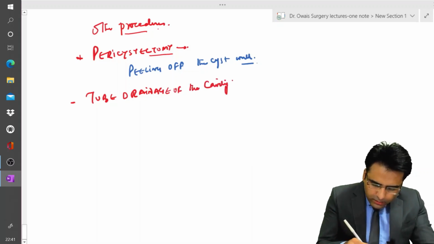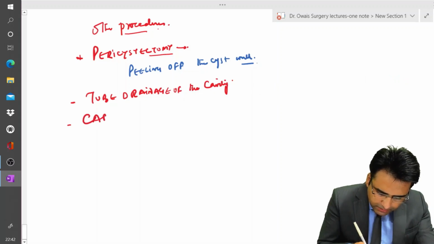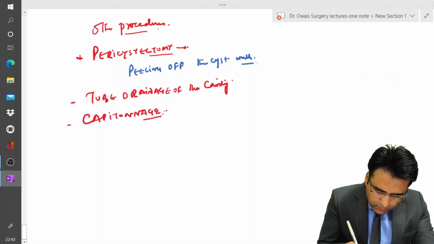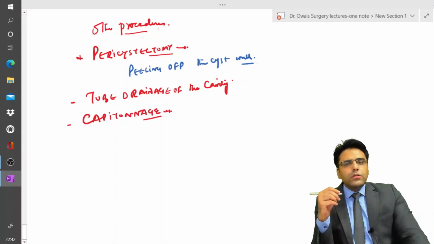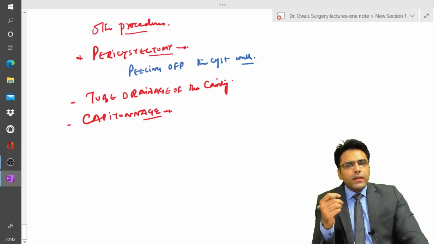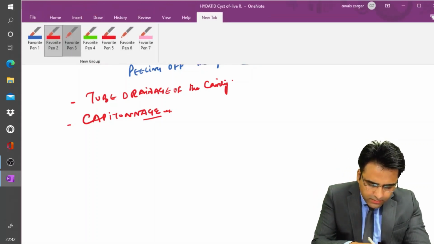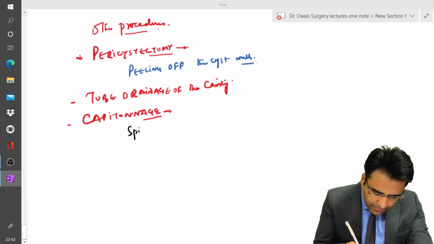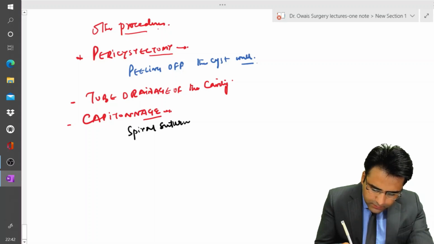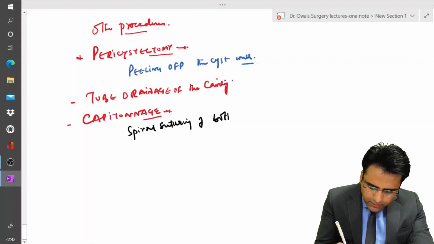Clear? Now, the next important modality is capitonage. It is basically spiral suturing of the cavity starting from the bottom, and we go upward from the base until the edges of the cyst wall are reached.